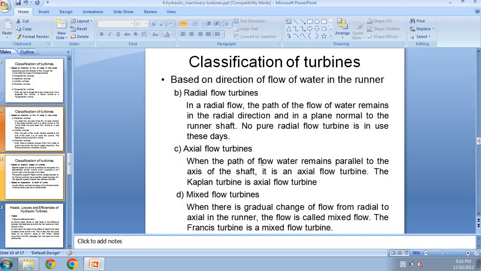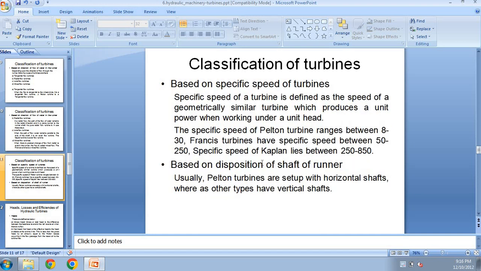So we observe a mixed type of direction: entry at the runner is radial and exit from the runner is in the axial direction. This mixed direction with respect to the runner is called mixed flow, and it is normally observed in Francis turbines.